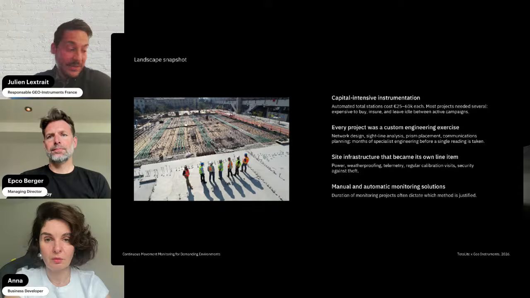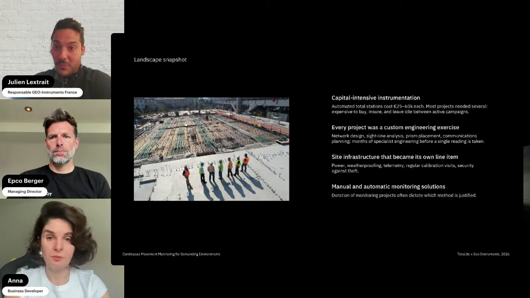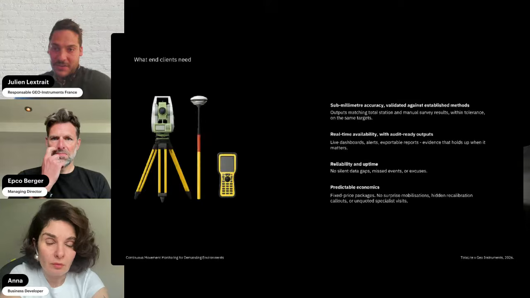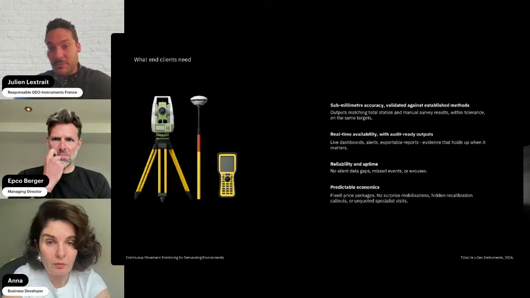Is it a 2-week monitoring job, or is it a 4 months or 4 years monitoring job? That's the challenge. So we have to weigh all of the pros and cons for the deployment of automatic monitoring solutions. And today we're trying to see if we can pick away at those constraints and see if there are easier solutions to deploy.